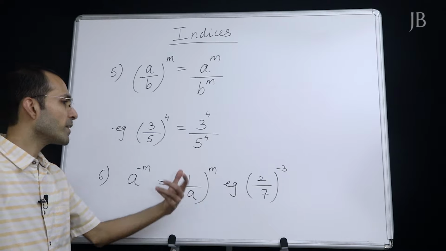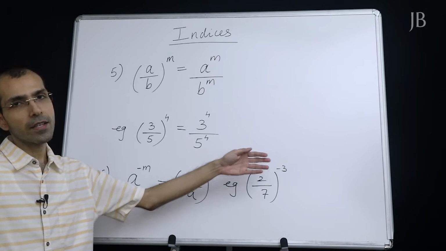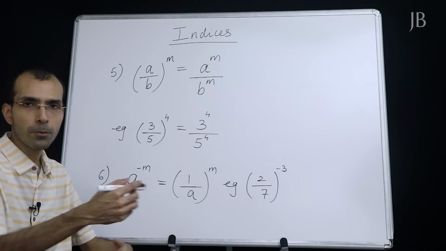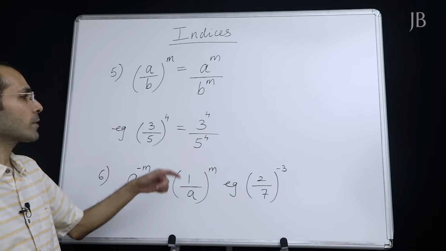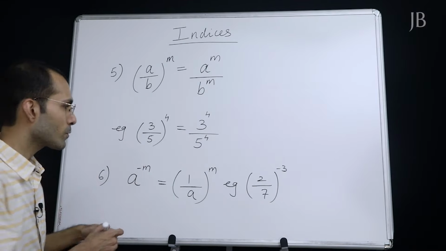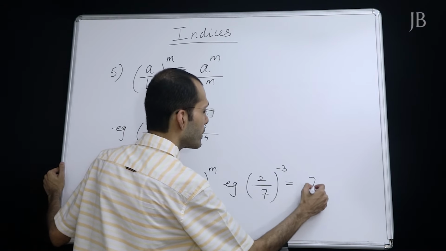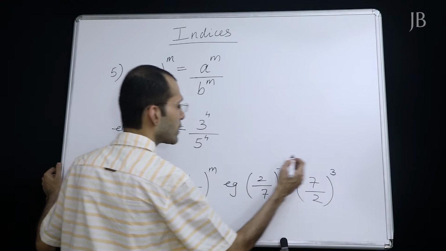Now see, how do we define a negative index? It's very odd. 2 upon 7 raised to 3, we can visualize: it is 2 upon 7 into 2 upon 7 into 2 upon 7. But this is 2 upon 7 the whole raised to minus 3. So here this law comes to our rescue. This will be 7 upon 2 the whole raised to 3.